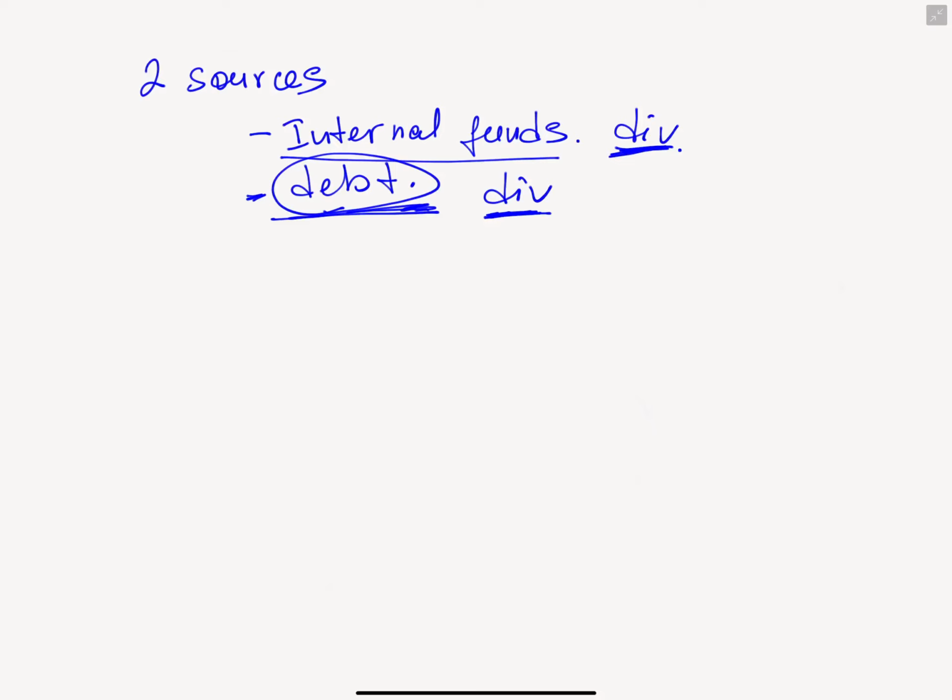And here we will be discussing what effect it will have if the company gets debt or if the company has internal funds. Then if they pay dividends, what will happen? Is it a good idea or not?